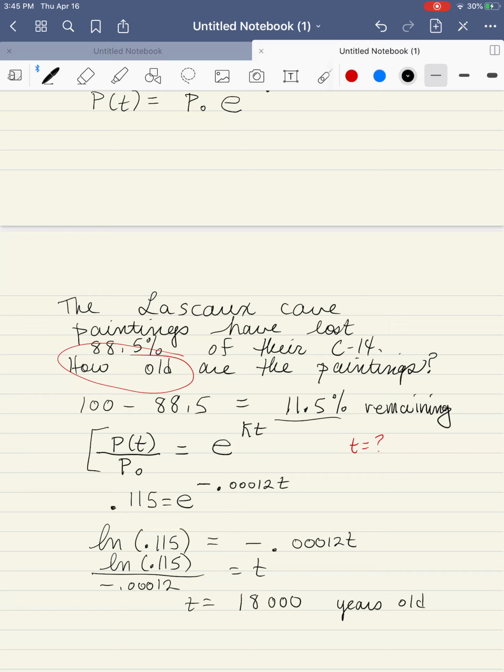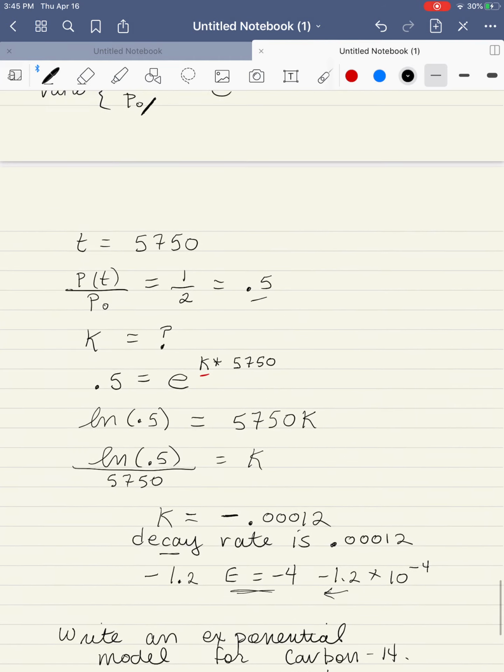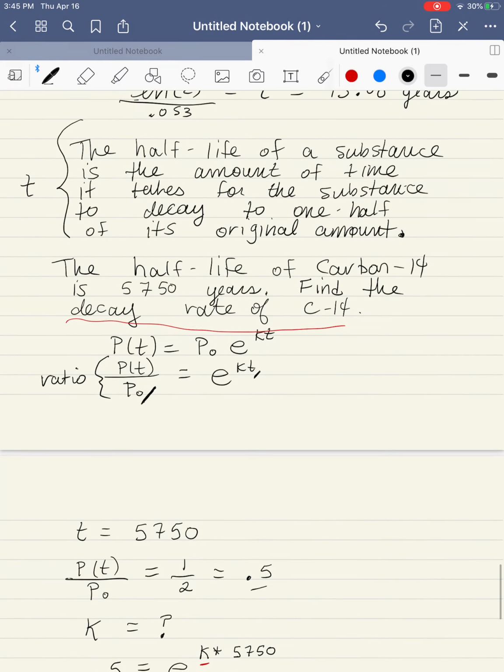So scientists know by carbon-14 dating that the paintings inside the Lascaux cave are approximately 18,000 years old.